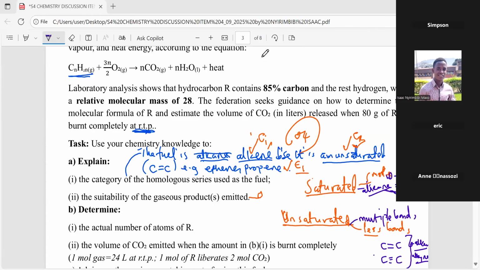Who can take us through part 2? Suitability of the gaseous product is carbon dioxide, I believe we finished that, isn't it? Let's go to part B, because that one we already finished in our first item, the suitability of the gaseous product.